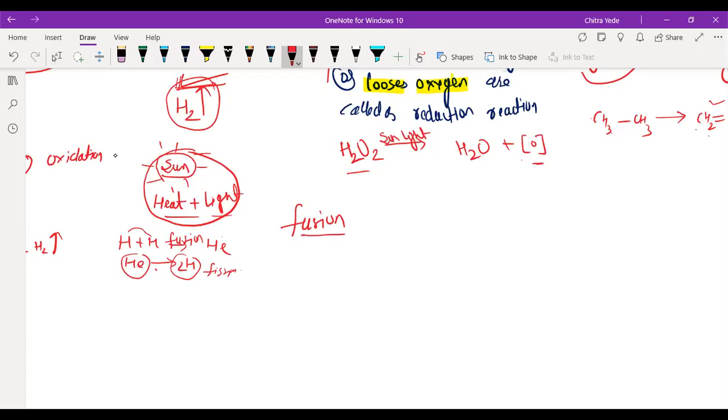Fusion itself says there is a mixing of two simpler form substances to form a larger compound. That is the meaning of fusion. So I'm going to define it now.